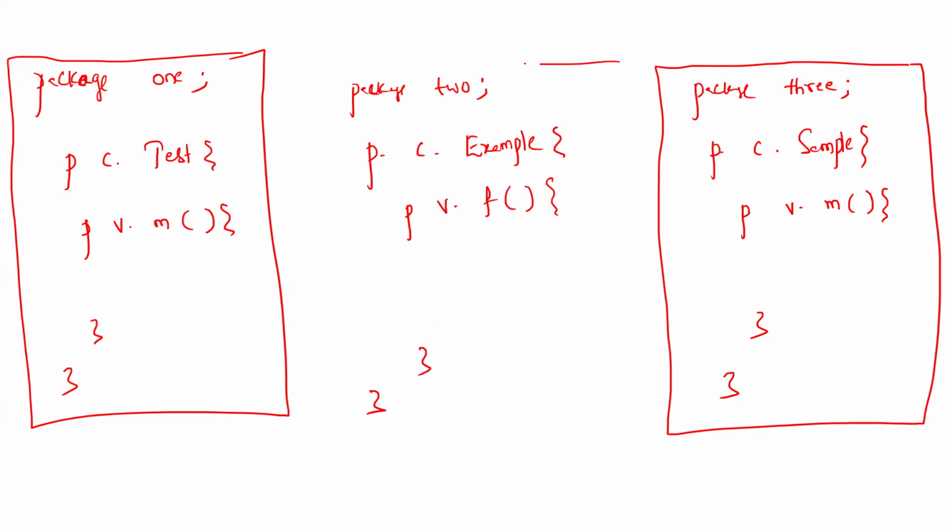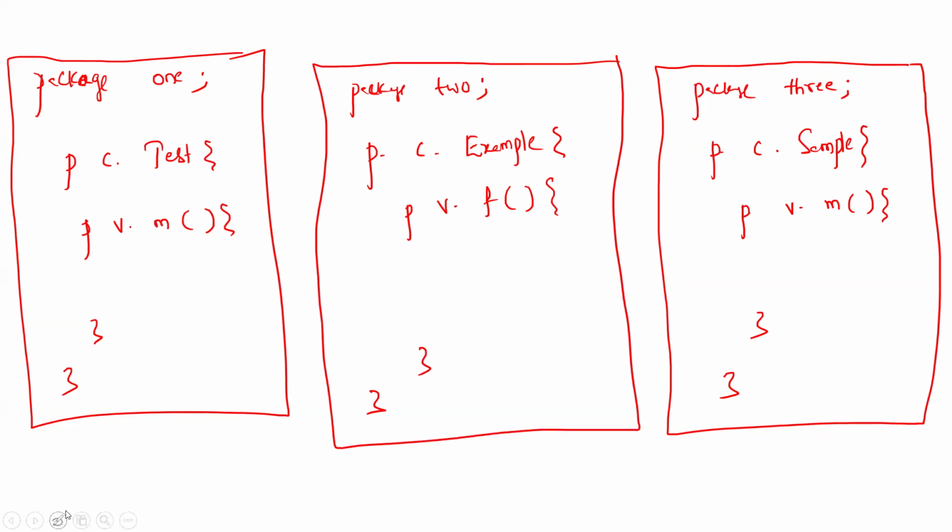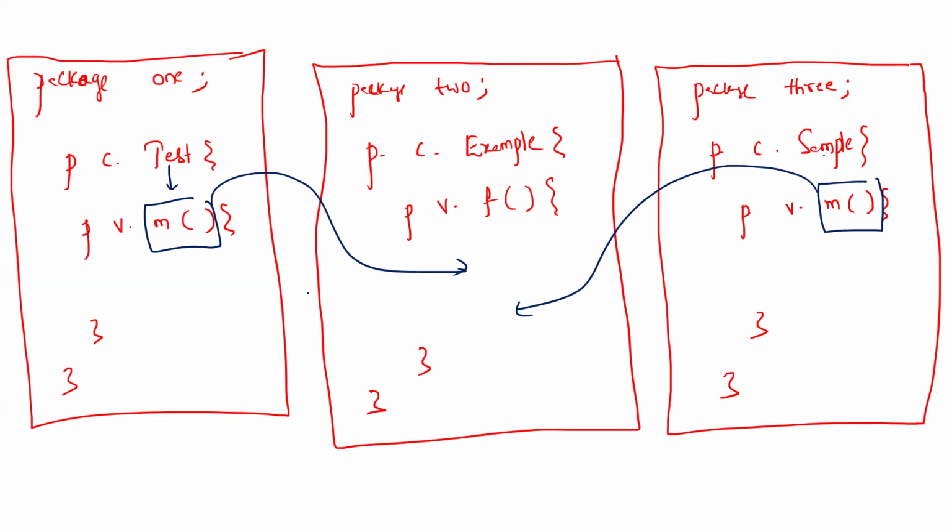Now the requirement is from this function f, access the Test class m1 method here, and also from this function f, access the Sample class m method here. What is the problem? Both are same methods. So is it possible? At class level only, it should be possible. So this is the situation. So how do we achieve that?